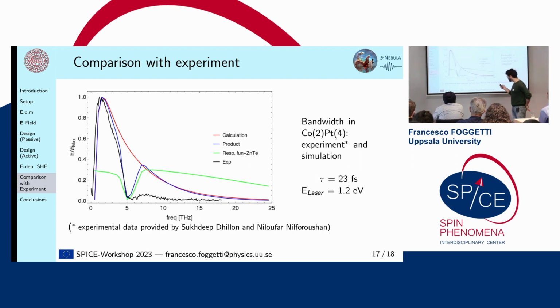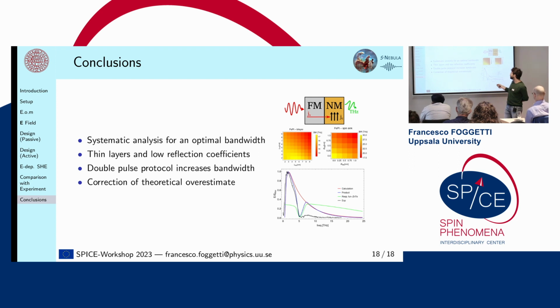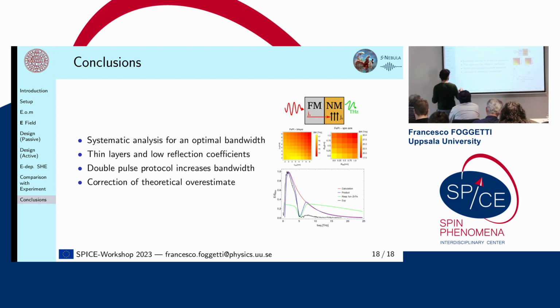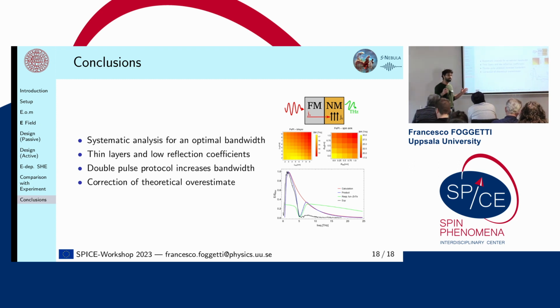And I would say that after this, I can go to the conclusions. In this work, we did a systematic analysis on how to optimize the terahertz profile of spintronic emitters. And we analyzed how the properties of the layers, the thickness of the layers, and the boundary properties of the emitters affect the bandwidth.